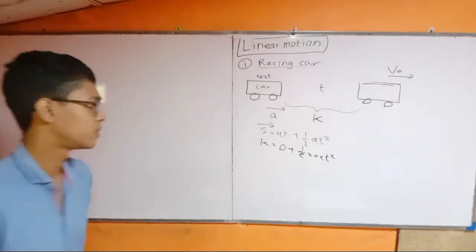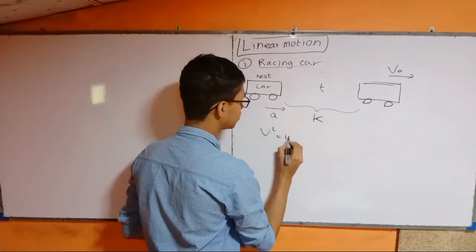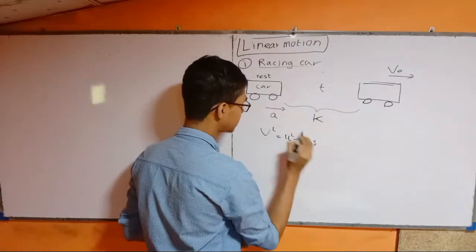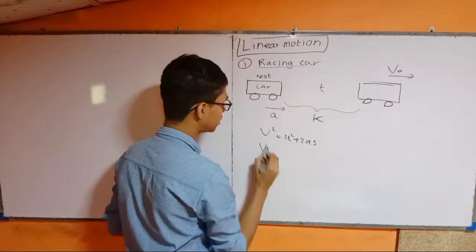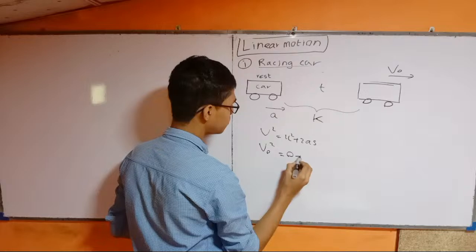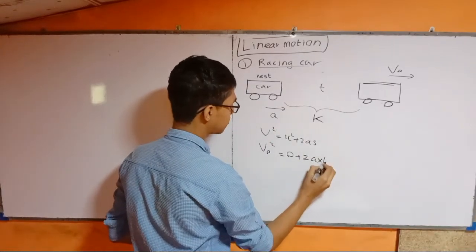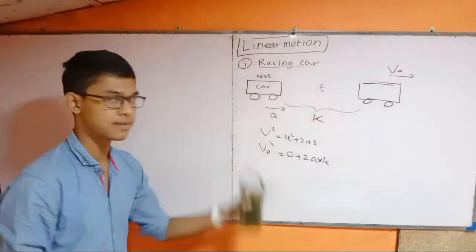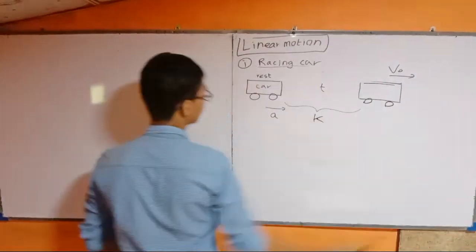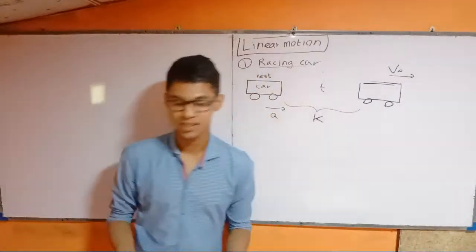That's all. Other one, v squared equals u squared plus 2as. Final velocity v naught, initial velocity 0 plus 2 into a into k, right? That's it. Easy, right?